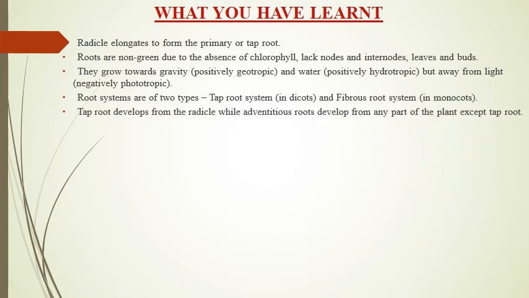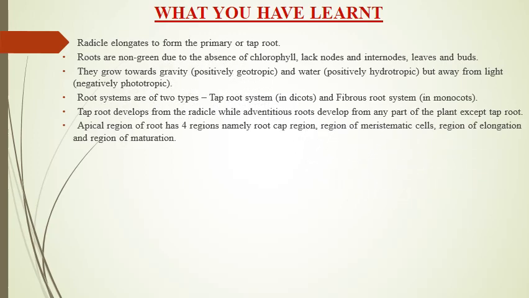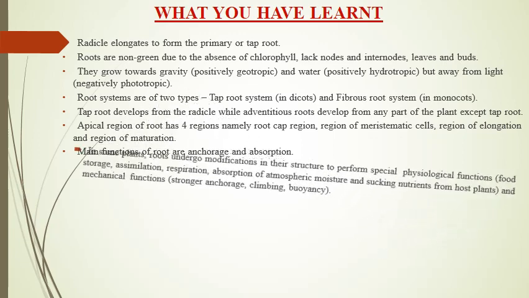Taproot develops from the radicle, while adventitious roots develop from any part of the plant except the radicle. The apical region of roots has four regions, namely root cap region, region of meristematic cells, region of elongation, and region of maturation. The main functions of roots are anchorage and absorption.